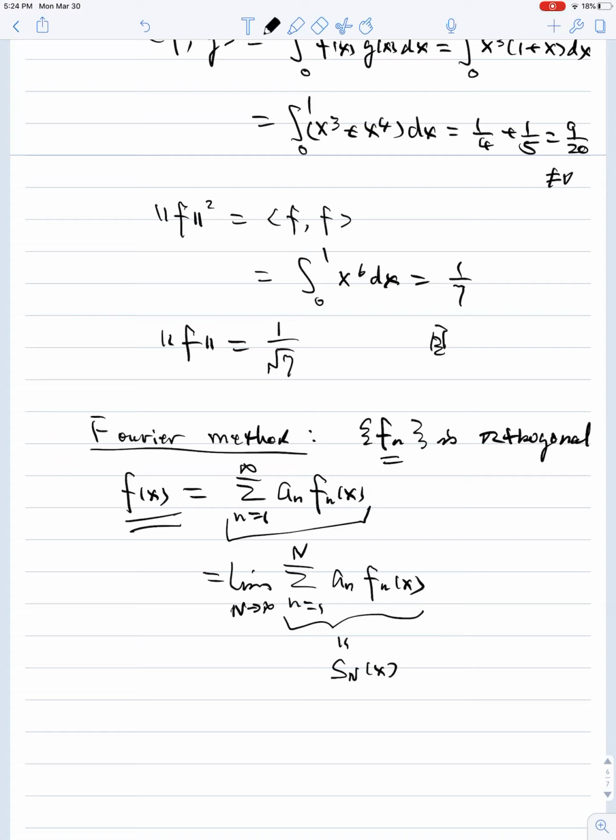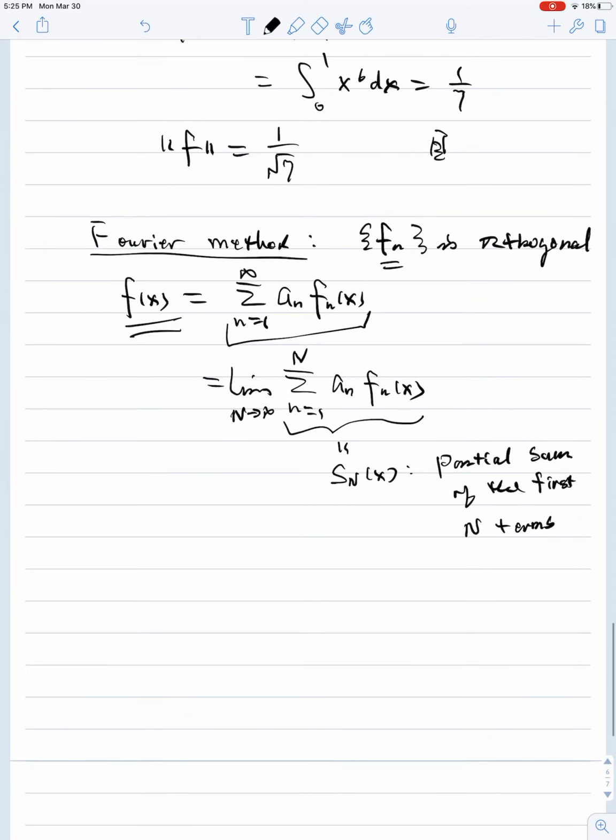It is a partial sum of the first capital N terms.